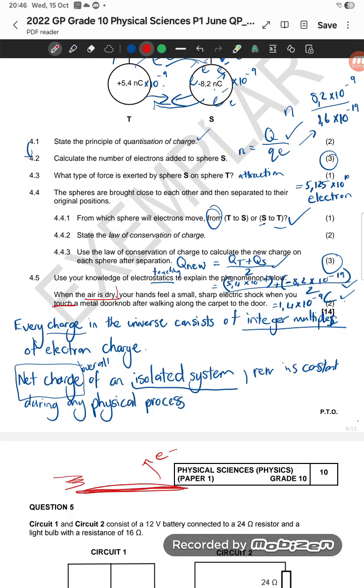When the air is dry, your hands feel a small, sharp electric shock when you touch a metal doorknob after walking along the carpet. I don't really like this one very much, because are you walking along the carpets with your hands? Okay, maybe you're walking along the carpet with your hands to the door.